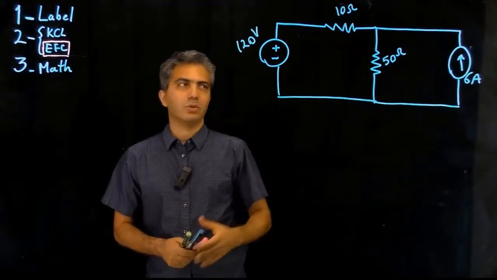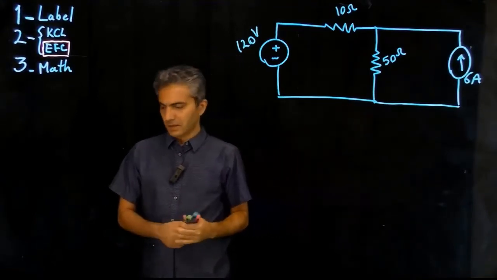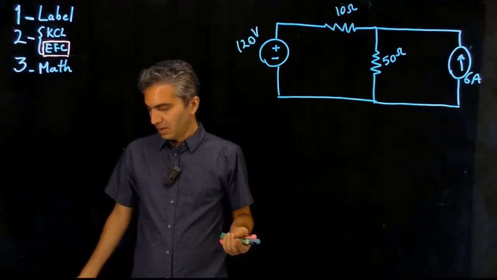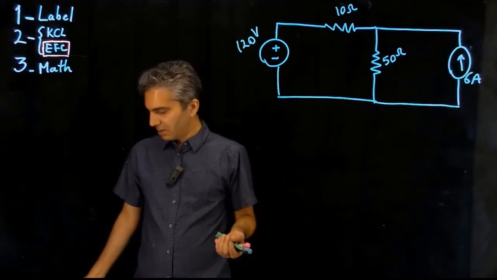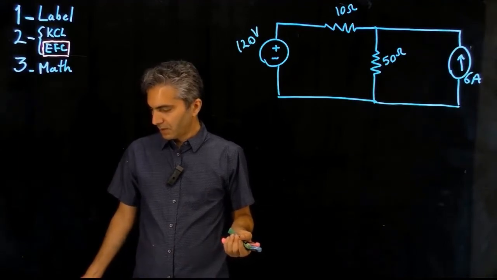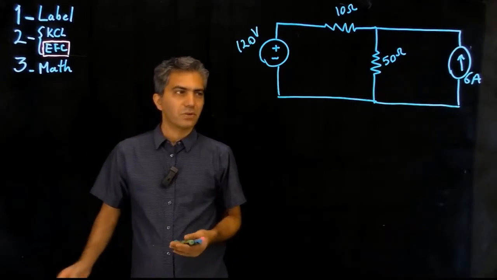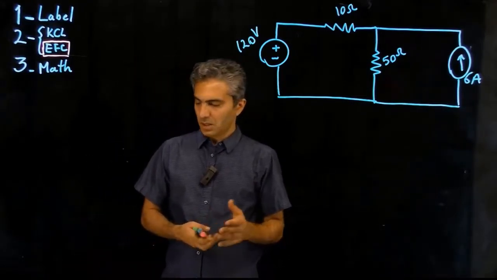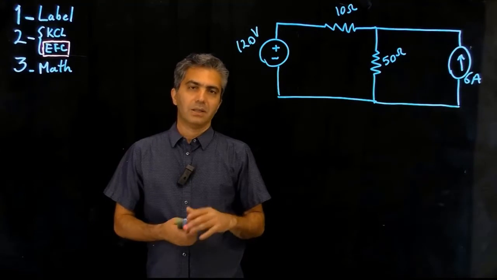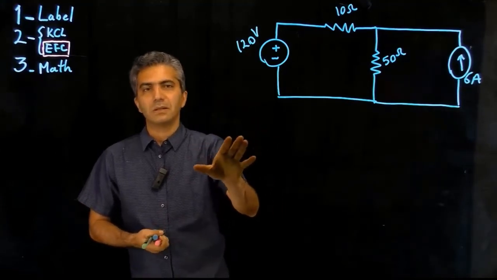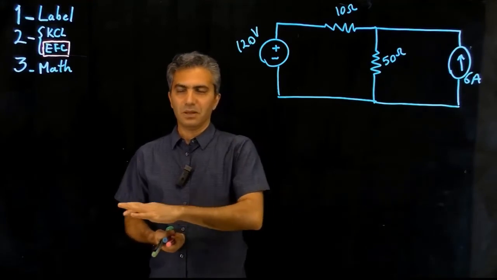Okay, so let's start with this circuit. This is actually coming from one of the examples in the book. In the 11th edition, it would be figure 2.18, example 2.8, page 42, in case you want to look it up in the book. And keep in mind that the way that we're doing it here is slightly different than what is done in the book.